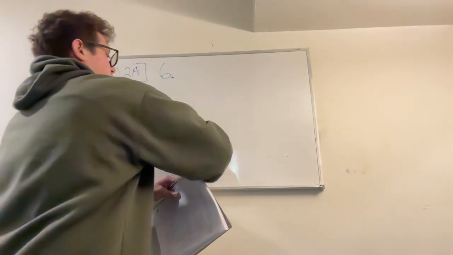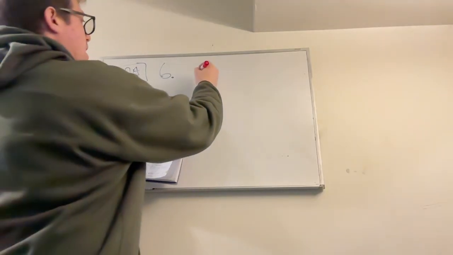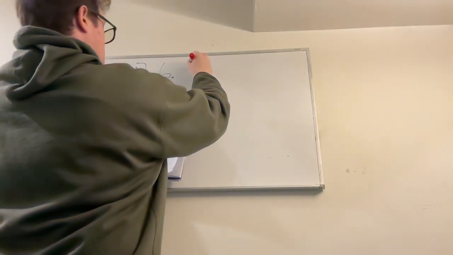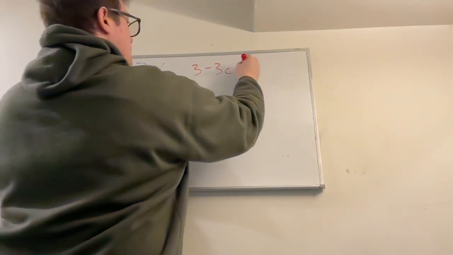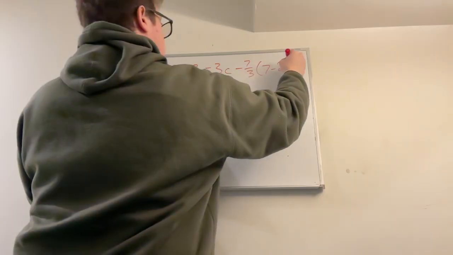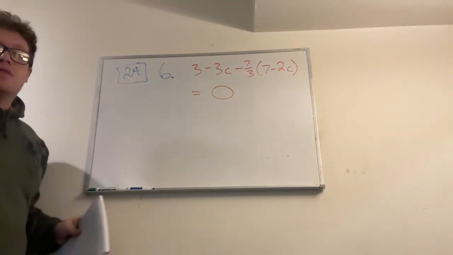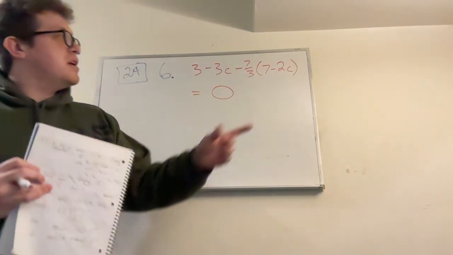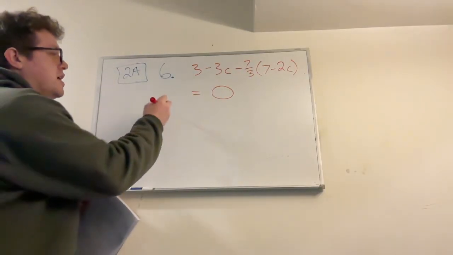So that last coefficient in front of the A3 was 3 minus 3C minus 7/3 times 7 minus 2C. And we said that the vectors were dependent if and only if this was equal to 0.